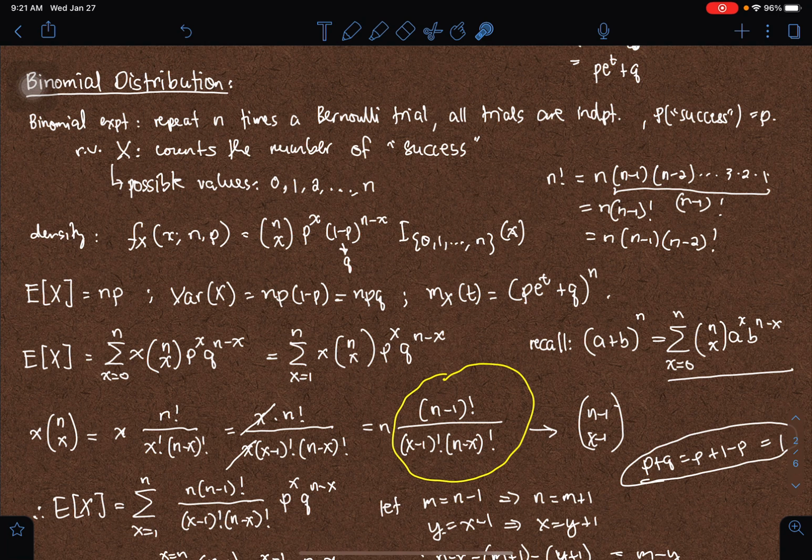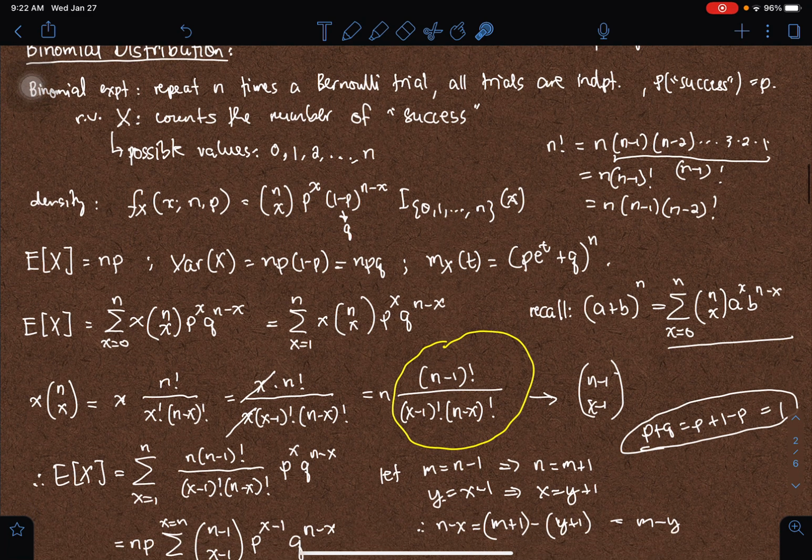The density is given by n taken x times p to the power x times 1 minus p raised to n minus x. Again, this 1 minus p may be denoted by q, times the indicator that x takes on the values 0, 1 up to n.